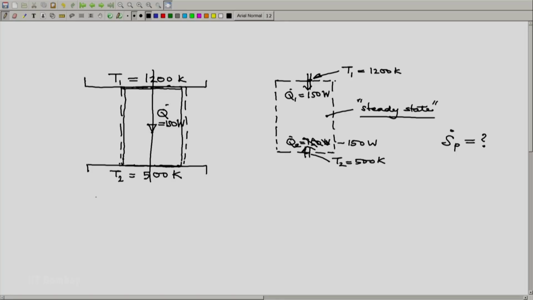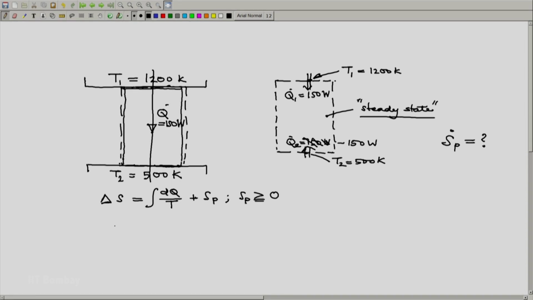Now, let us apply the second law. What does the second law say? A second law in our normal form would be delta S is integral dQ by T plus Sp with the condition that Sp should be greater than or equal to 0.